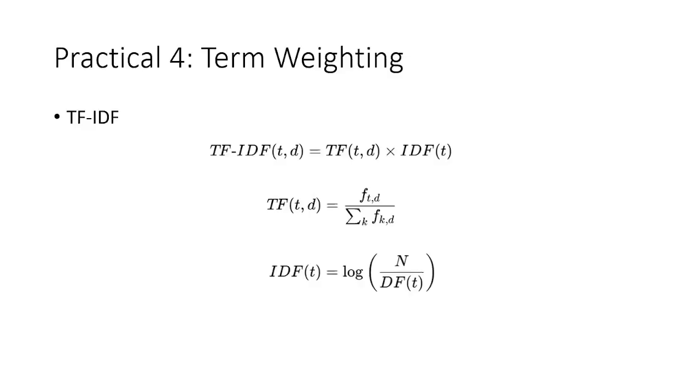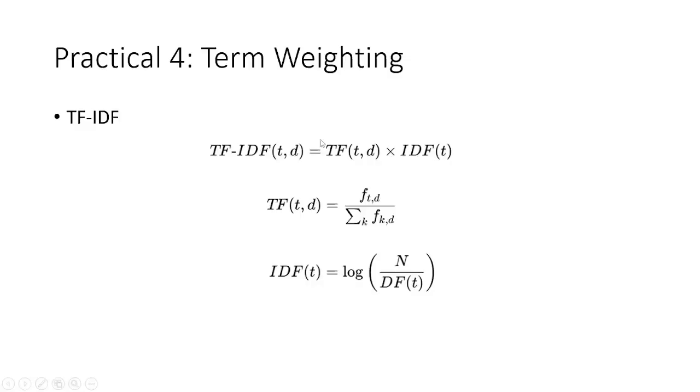Next we are going to see term frequency inverse document frequency. We combine these two terminologies as a single method. So we consider term frequency along with the entire document corpus.